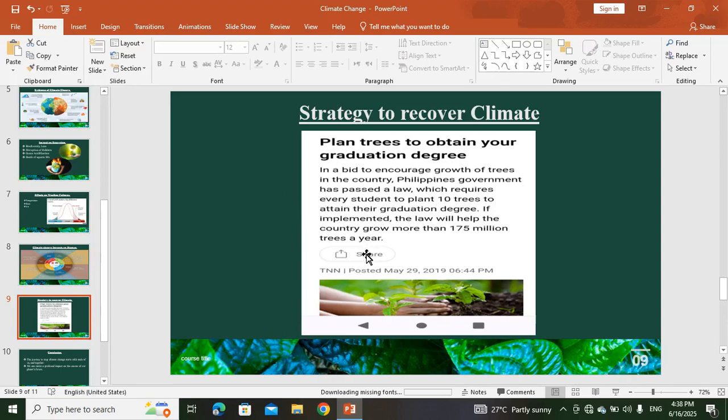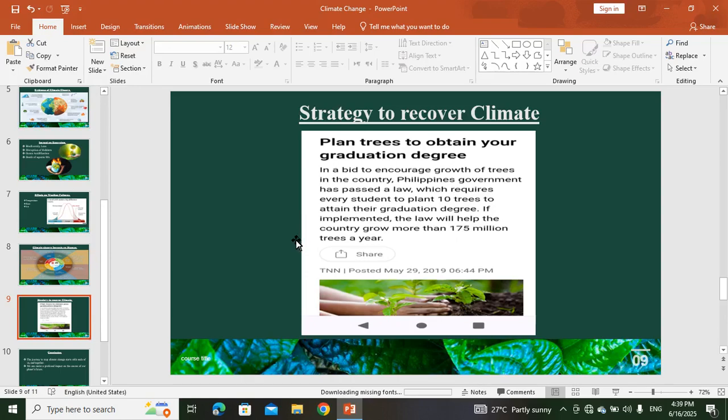If implemented, the law will help the country grow more than 175 million trees a year. The Philippine government passed this law in 2019, that every student will have to plant 10 trees to get their graduation degree or master degree.